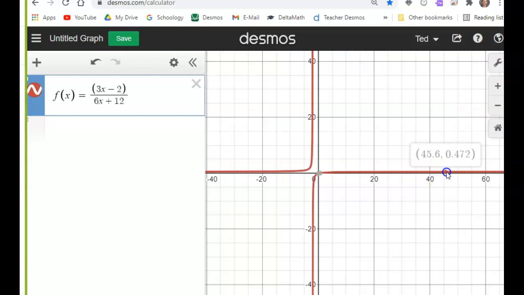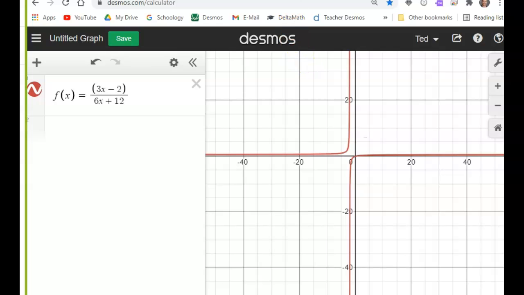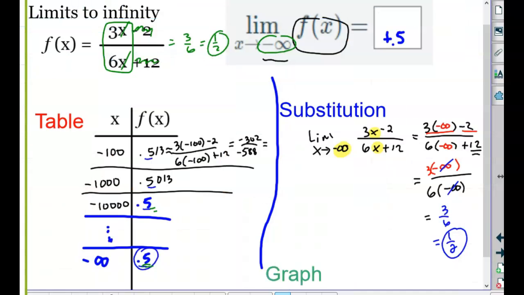Zoom out even more. Still approaching 0.5, except they're doing it from the bottom side instead of the top side. So these numbers are less than 0.5, whereas these numbers are greater than 0.5. And if you remember anything about rational functions, that's the definition of an asymptote.